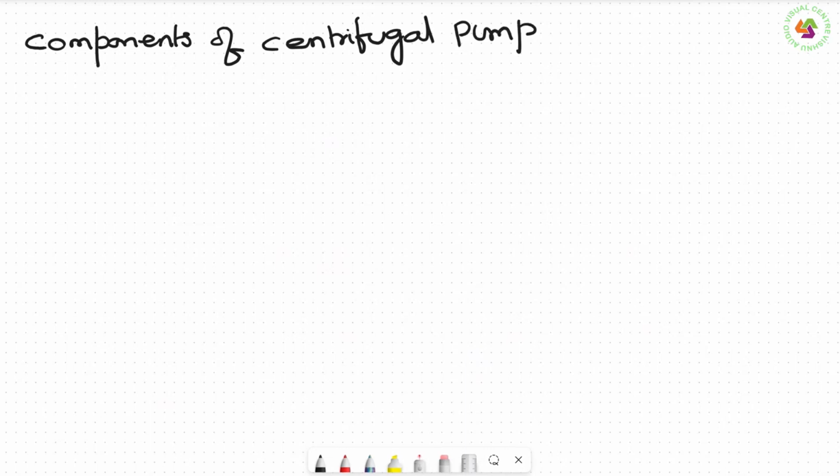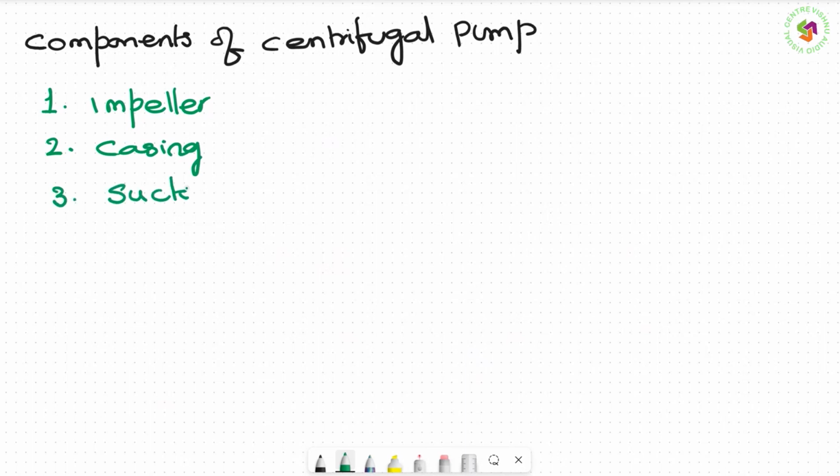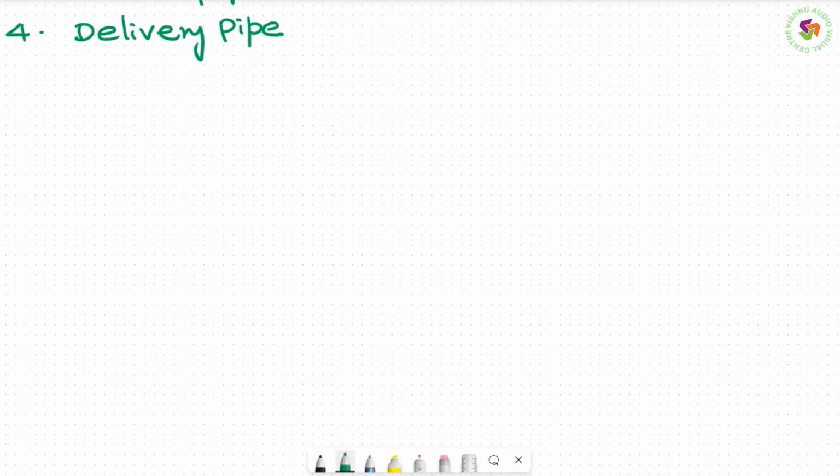The four components of the centrifugal pump are: number one, the impeller, casing, suction pipe, delivery pipe. The arrangement I will show to you for understanding purposes.